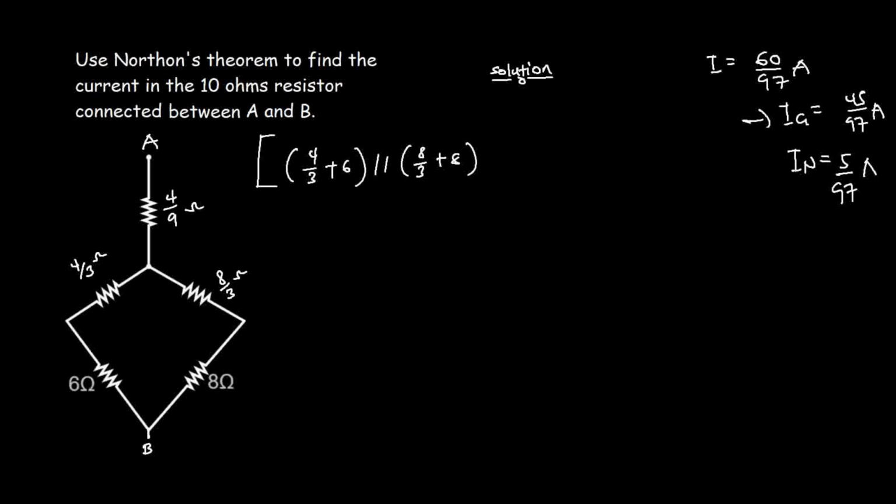Okay, all this will be in series with the 4.9 ohms resistor. So let's look at that. So we are going to do the values in the brackets first. So 4.3 plus 6, that gives me 10.3.